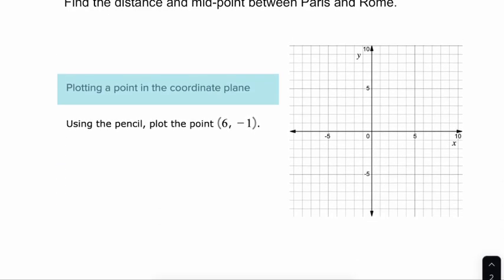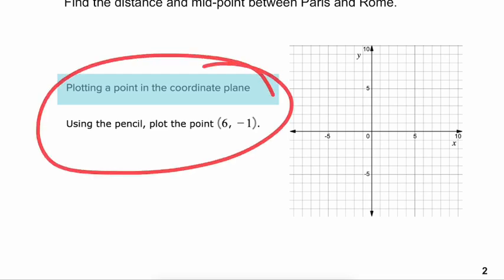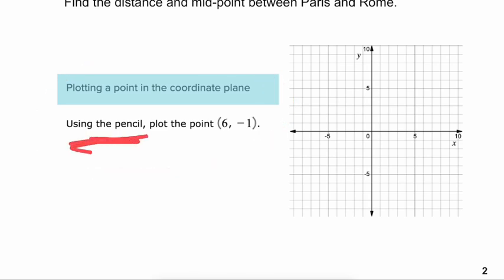So in Alex, it may ask you to do a question like this. See where it says to use the pencil. There's a little pencil tool, and I think at the point of the pencil, there's like a little X that comes along with it. That's going to tell you where, once you click the mouse or tap the iPad, it's going to put the point. So if we go to 6, negative 1, just go 6 to the right and negative 1, you would drag that pencil there, and then you would put the point on.